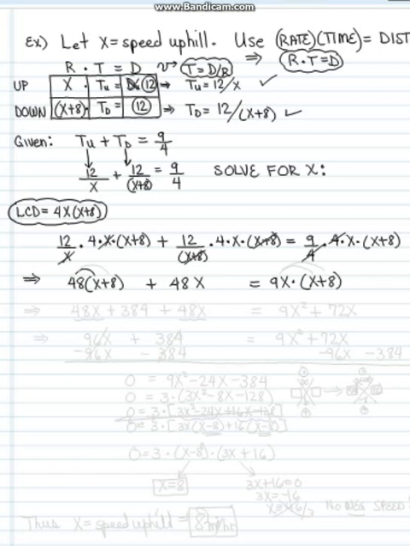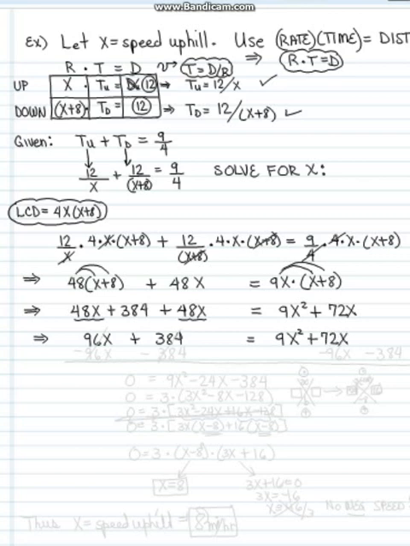So we'll distribute multiplication here and here, and that gives us 48 times x plus 384 plus 48 times x equals 9x squared plus 9 times 8 is 72 times x. Let's combine this 48x and this 48x. We get 96x plus 384 equals 9x squared plus 72x.